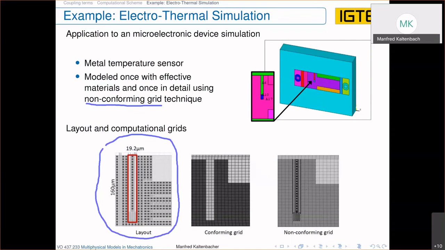Actually, what you need is to fulfill the physical interface conditions on such an interface where the grid size is jumping. However, by this method, we could fully resolve the temperature sensor, and in the ambient region, we could use quite large finite elements to resolve the other details of the power electronic device.